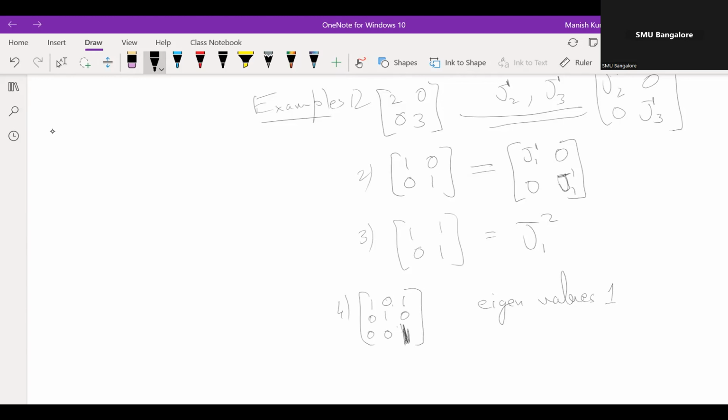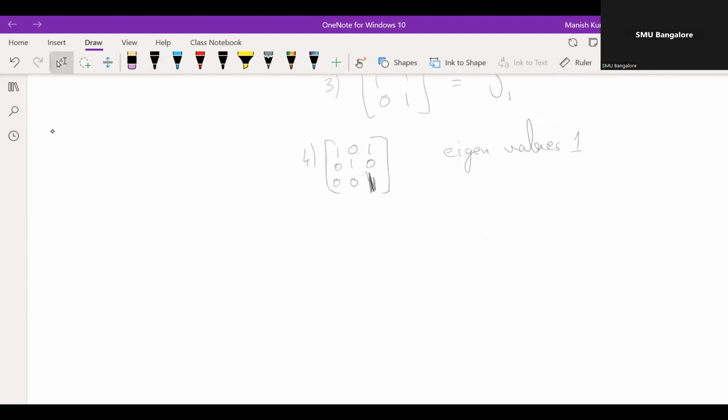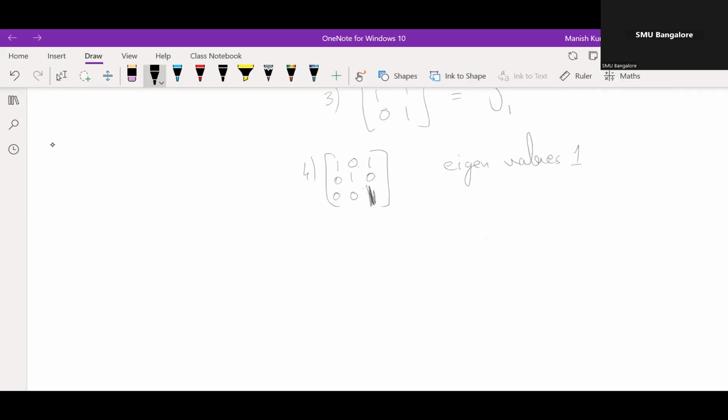Once you know that, it is a 3 by 3 matrix, so there are only so many Jordan forms possible. So let's just list them down.